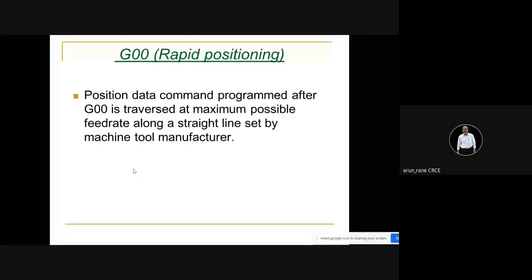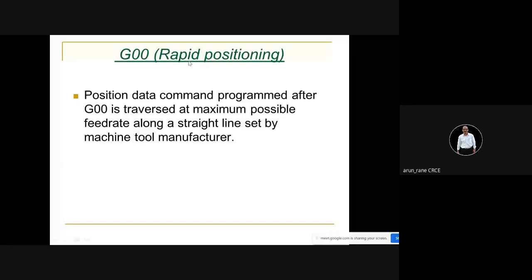The very first G code is G00. You have to read it as G zero zero. This is G00, which is called rapid positioning. That is, if your tool is not doing machining, you have to just position the tool at a particular point of the component which is being machined.